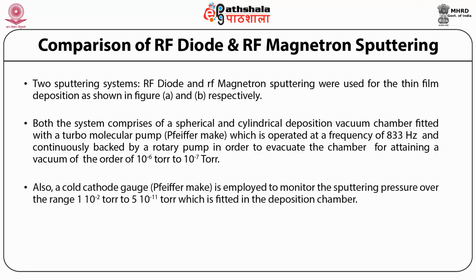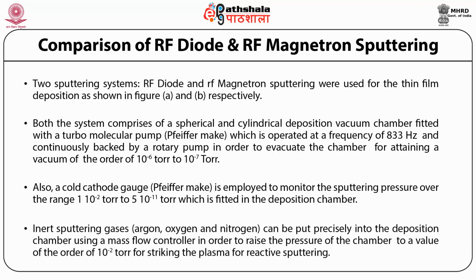Also, a cold cathode gauge is employed to monitor the sputtering pressure over the range 1 into 10 raised to the power minus 2 torr to 5 into 10 raised to the power 11 torr, which is fitted in the deposition chamber.